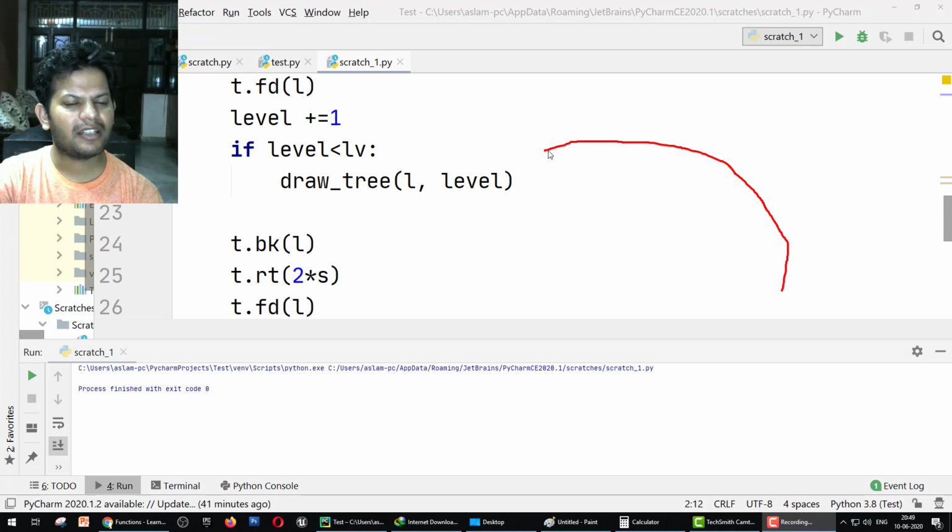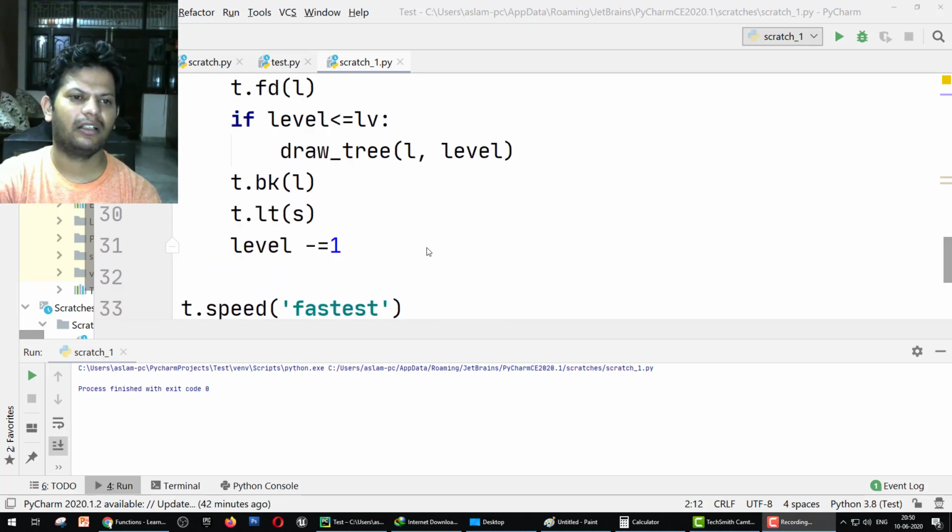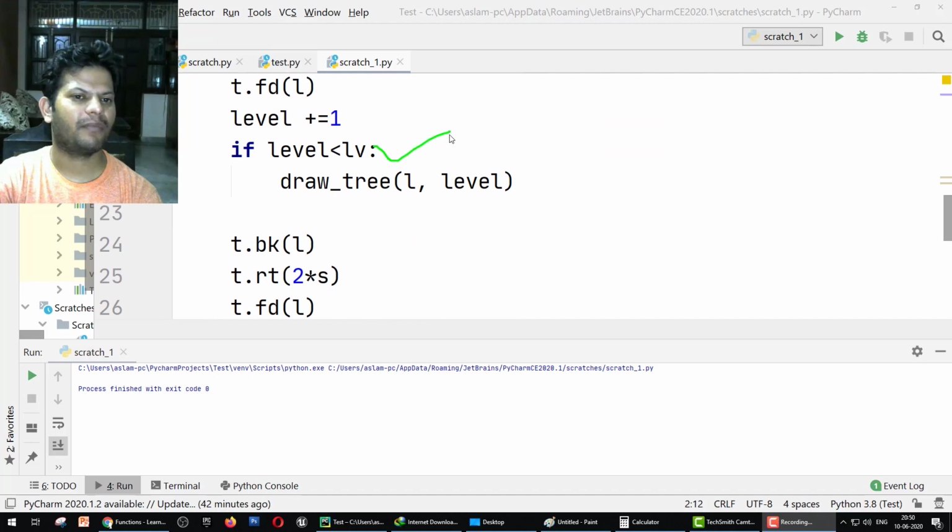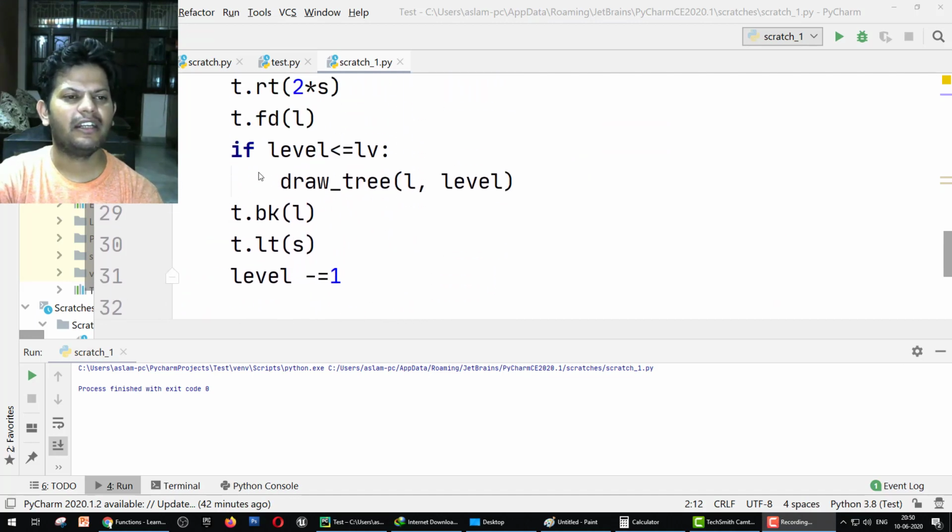When the next step is greater than 11, then what he does, he goes backward the length. He goes back and the angle is 34, 2 times of s, and then backward, then 2s and distance is L after the 11 steps, okay. And he tilts and draws backward 2s angle till when the level is less than 11. It means the back steps are also 11.